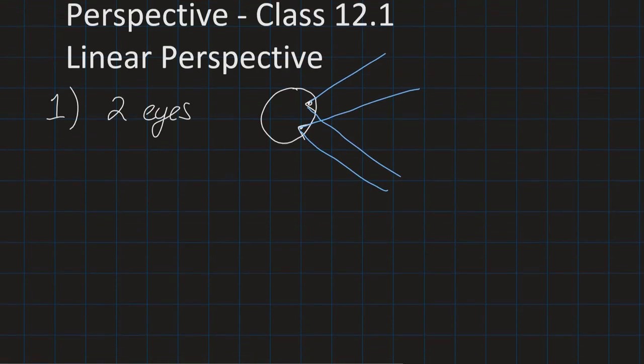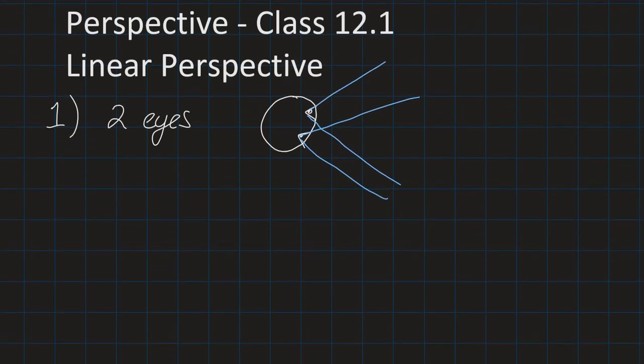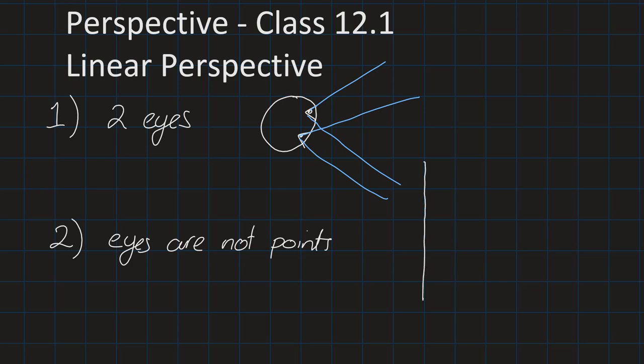Another difference between central projection and how humans actually see the world is that eyes are not points. If you recall our definition of central projection, you have your coordinate axes, you have your projecting plane, the plane onto which you're projecting, and you have your point out here.